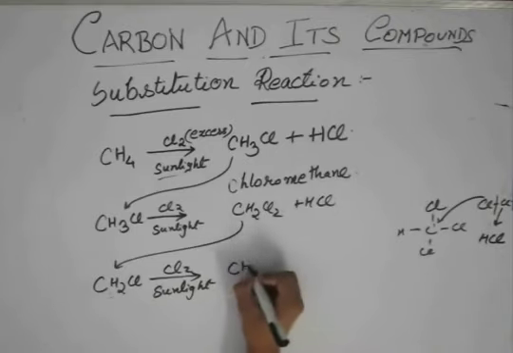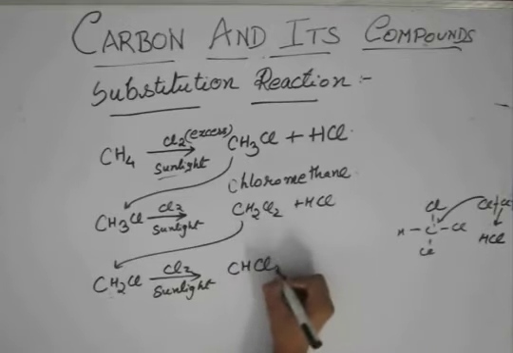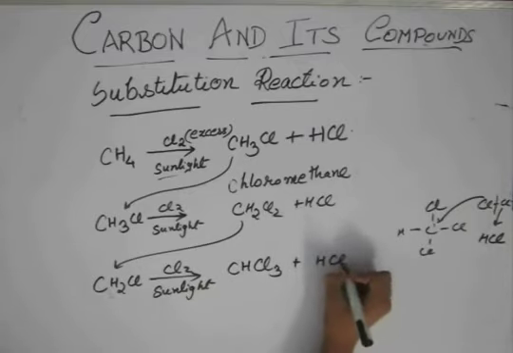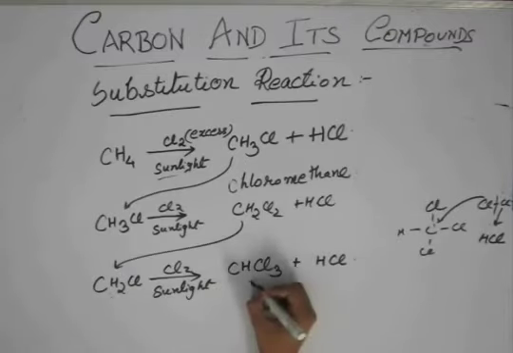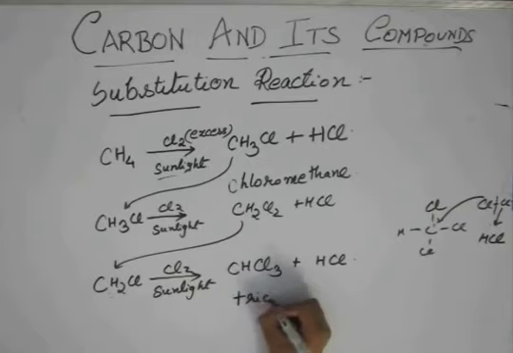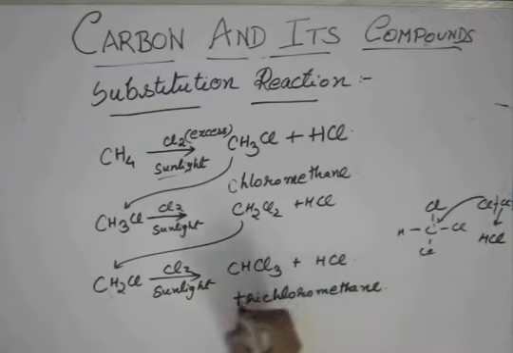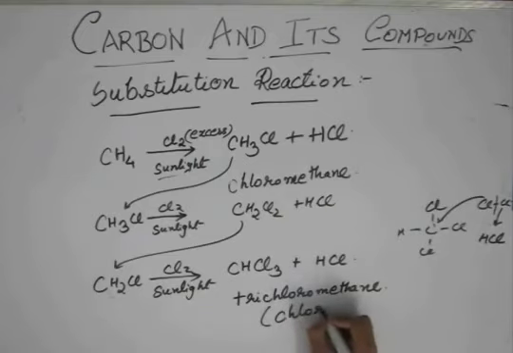So this becomes CHCl3 plus HCl. Now this compound will be called trichloromethane, and this compound is basically known as chloroform.